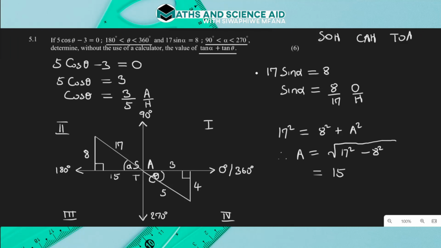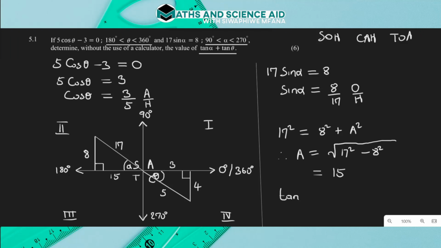And now that we have analyzed all the information that they gave us in this way, we are able to answer any question that is related to this. So in this case, we are required to determine the value of tan alpha plus tan theta. So this is going to be pretty much straightforward.